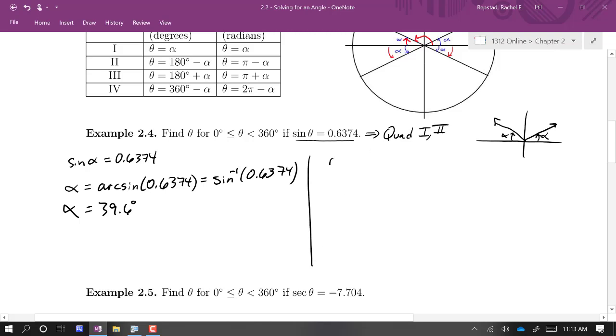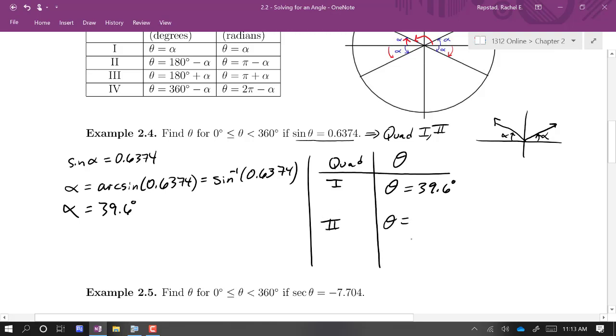Now I'm going to find the angles that I want. So in quadrant 1, I know that theta is just equal to the reference angle, so 39.6 degrees. There's one of the angles I want. And in quadrant 2, I'm going to take 180 and subtract my reference angle.